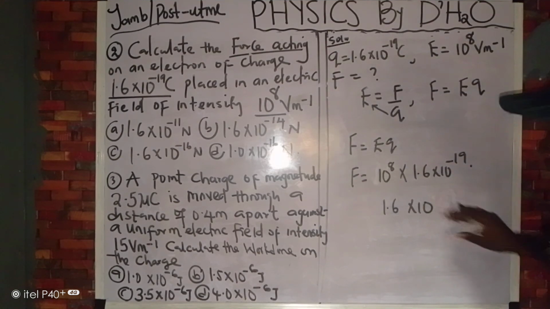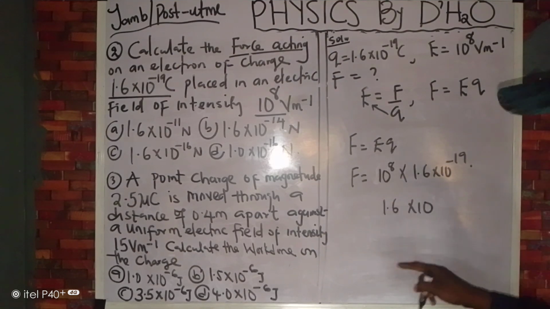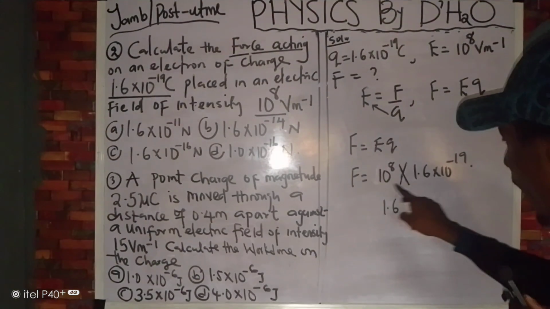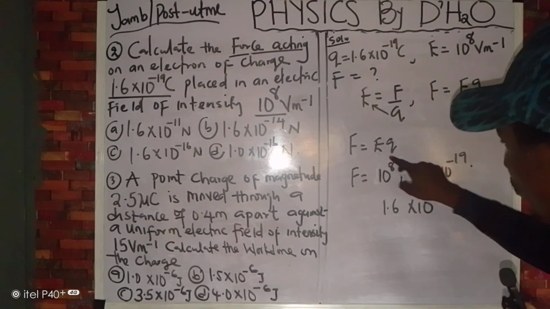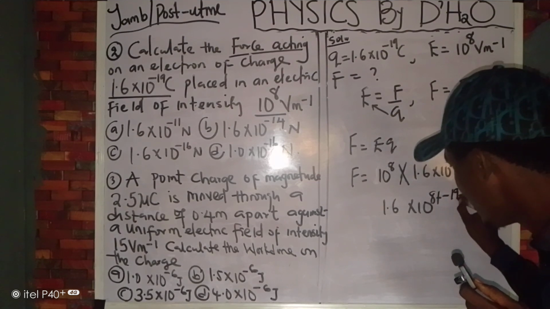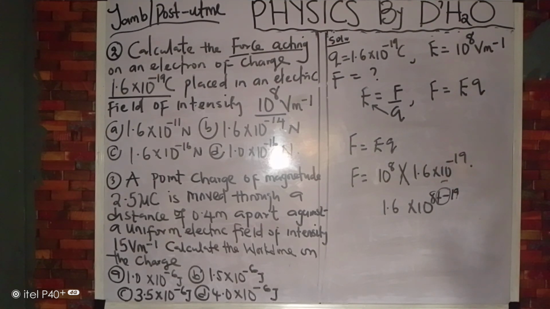Remember that if you are combining 2 index numbers with the multiplication symbol, you pick one of the base, then you add the powers. So you have 8 plus minus 19. It's the same thing. So that minus plus will give us minus.